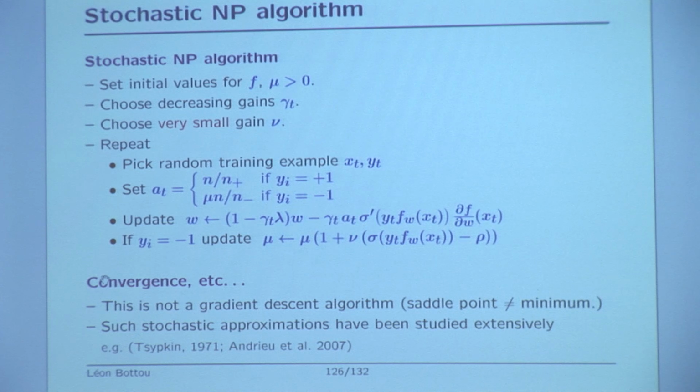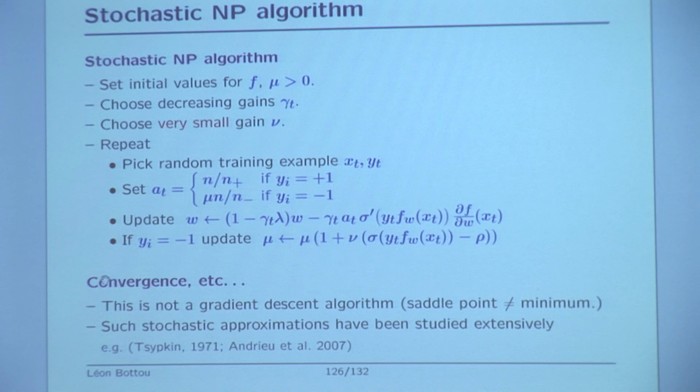And then, if yi equals minus 1, if you have a negative, you compute the derivative of the Lagrangian with respect to mu, and you make a multiplicative update on the basis of that, with the idea to do a gradient ascent. So you have a gradient descent in W, a gradient ascent in mu.